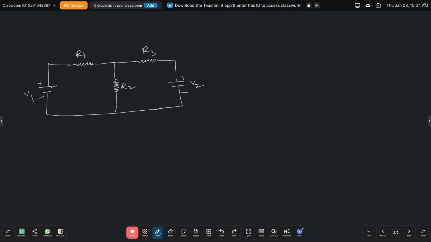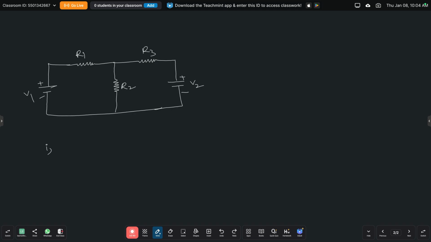So for this circuit, to find the current through a particular element by using the superposition theorem, let's see how we can do it. It can be solved in three different cases. In the first case, we take both the sources acting together. So here the number of sources will be 2.